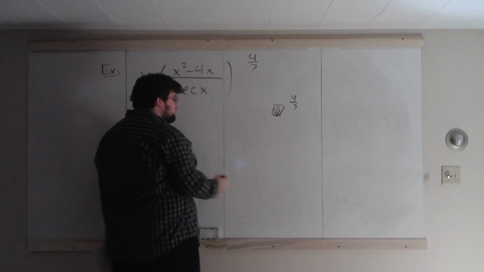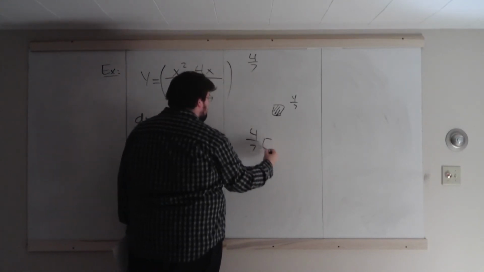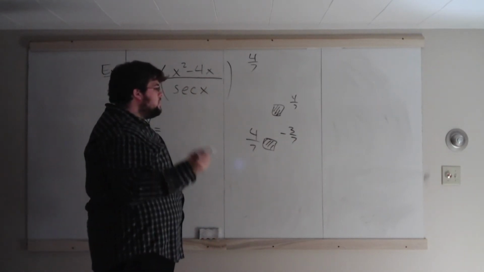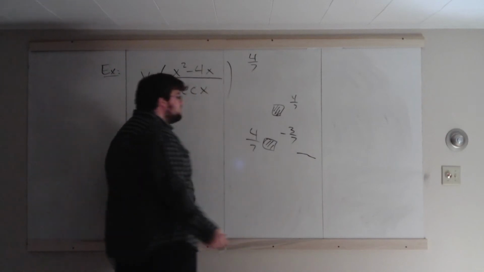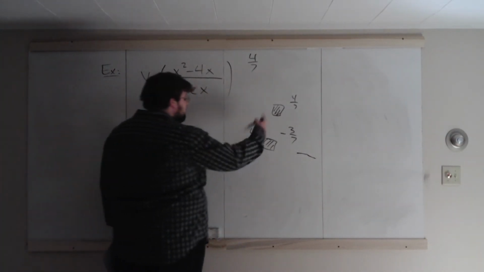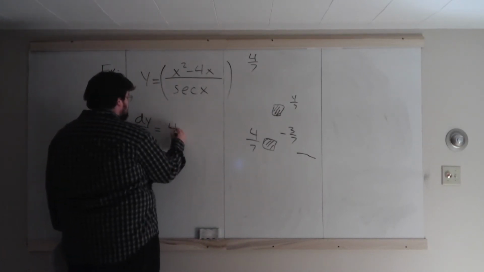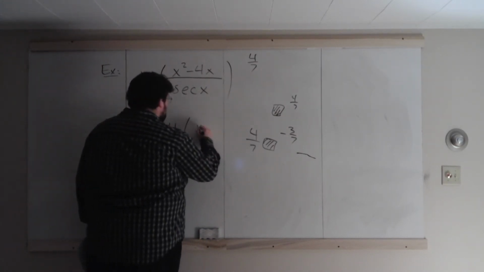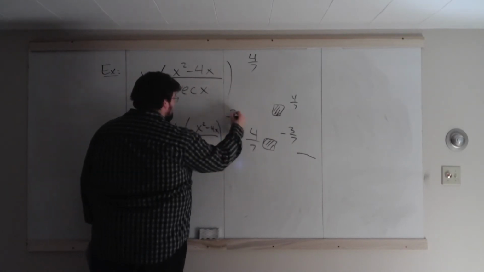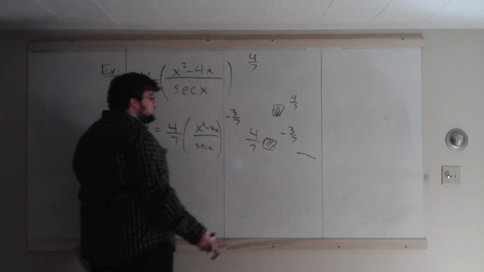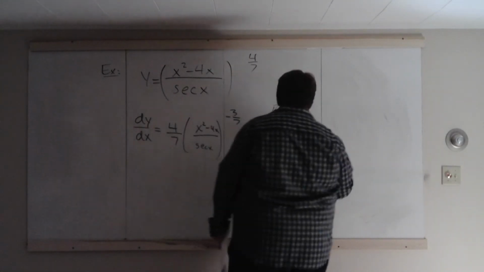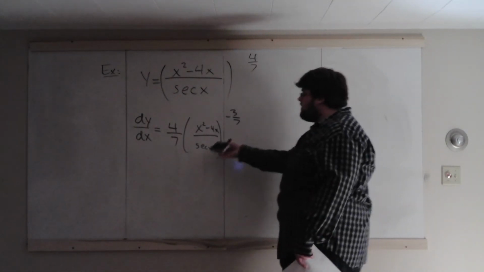The derivative of a function to the 4/7, use power rule. 4/7 of them to the negative 3/7 using the power rule, and then you'd use a chain rule on the inside. So the derivative will be 4/7 of them all to the negative 3/7. 4/7 minus 1 is negative 3/7. And then times the derivative of the inside.